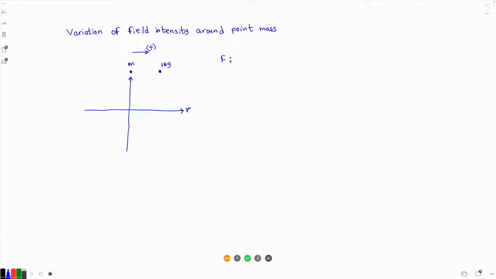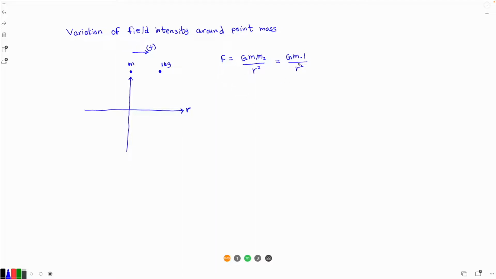We know that F equals G m1 m2 divided by r squared. Since one mass is simply m and the other is 1 kilogram, I'm going to substitute it, and consider the distance between them as r. So I can write G m times 1 over r squared.